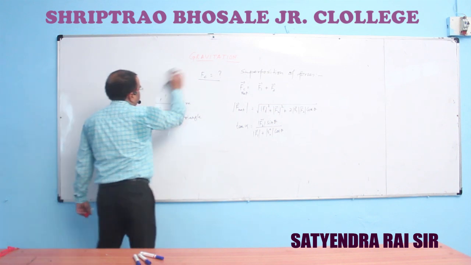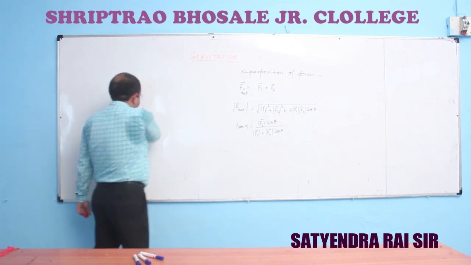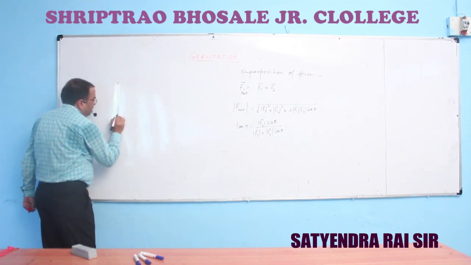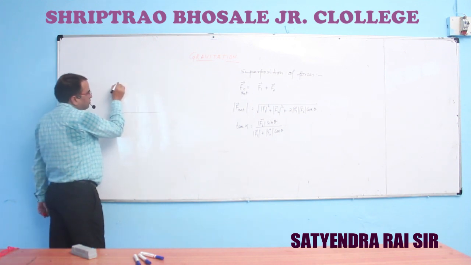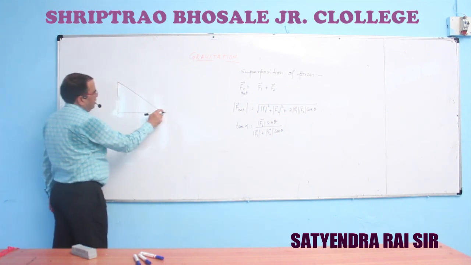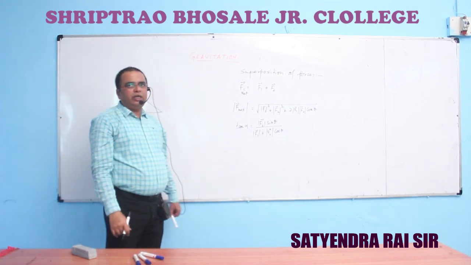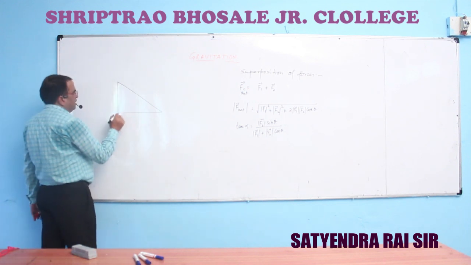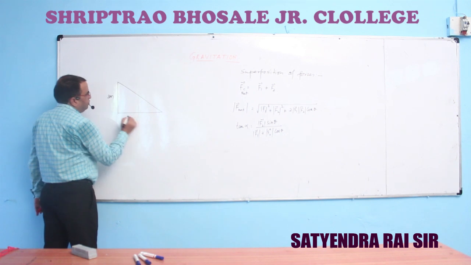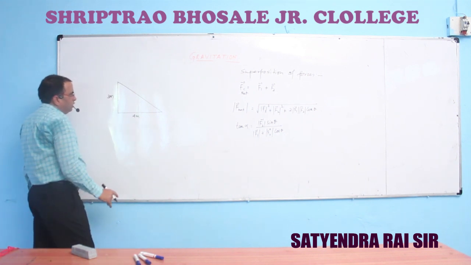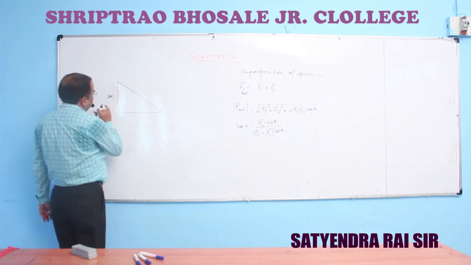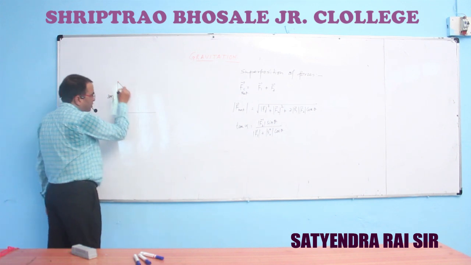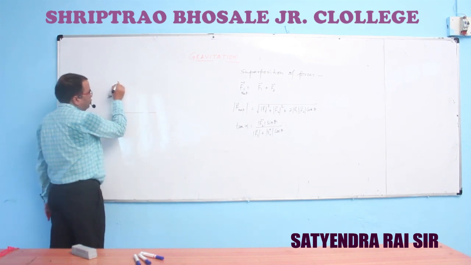Let us take a problem and verify this fact. Apply this. Say we have a triangle like this. This is a right angle isosceles triangle, so two sides must be equal.